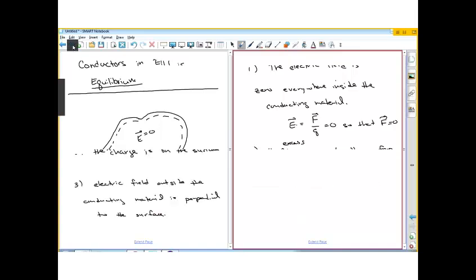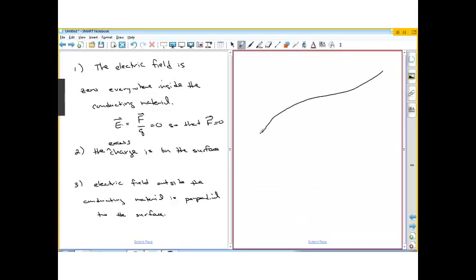Because if we zoomed in on the surface, and there's an electron here, another electron there, and another electron there. If the electric field at the surface was not perpendicular, it would have two components: a component perpendicular and a component parallel. This parallel component would cause the electrons to move.